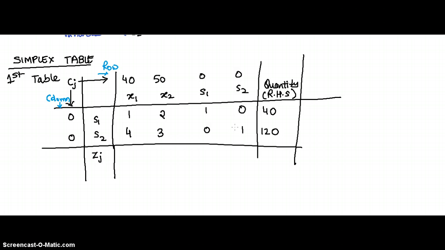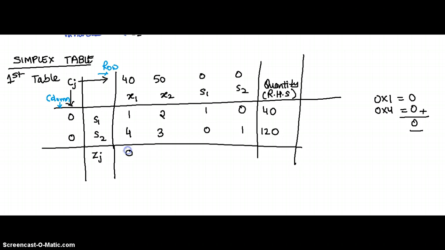Let's see, suppose I want the value here under x1. So what we'll do, 0 multiply 1, which is 0. Then 0 multiply 4, which is equal to 0. And then we need to add them. So when we add them, we'll get 0.